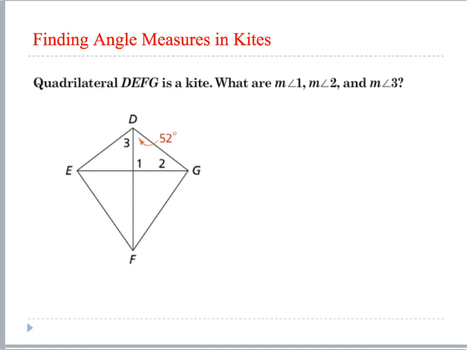All right, so given that, we can find some missing angle measures in a kite. We are told that one angle is 52. We want to find the measure of angle 1, angle 2, and angle 3.